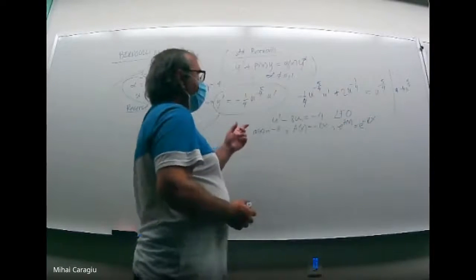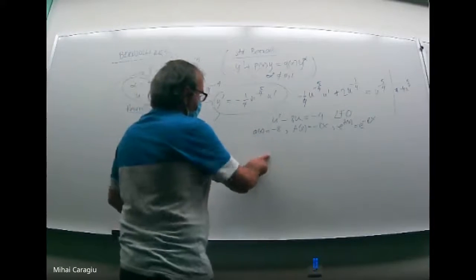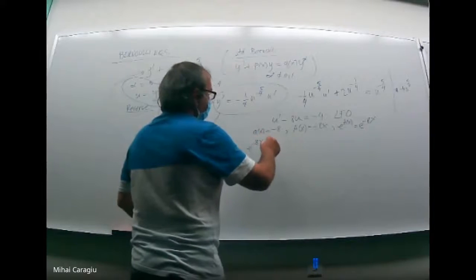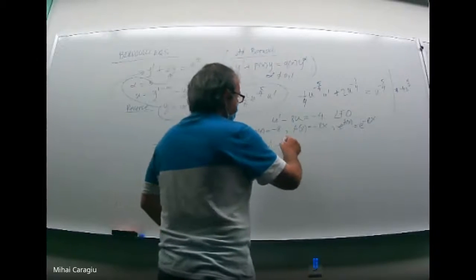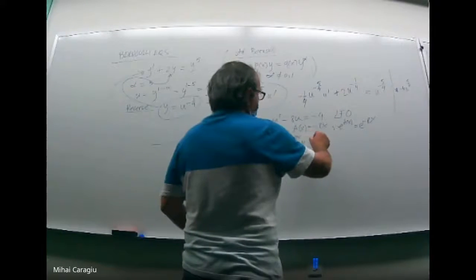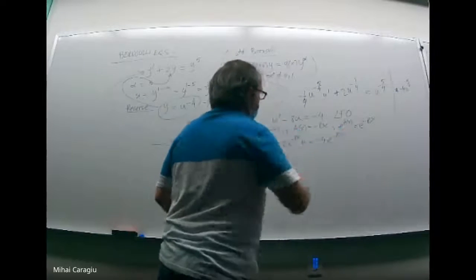So let's multiply this linear first order equation by the integrating factor left and right. What we get: e to the minus 8x times u prime minus 8 e to the minus 8x times u equals minus 4 e to the minus 8x.